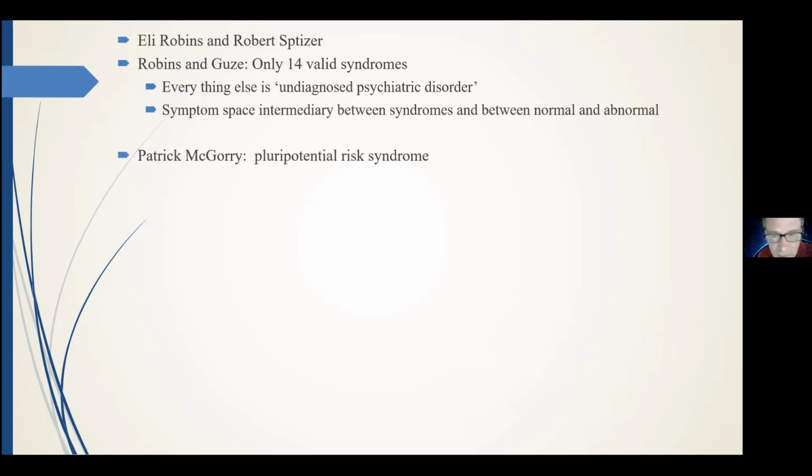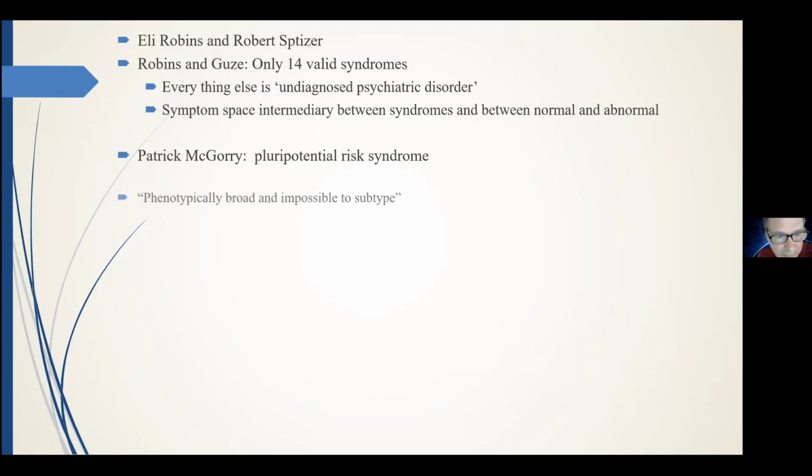So he was studying the prodrome, and they were collecting cases that they thought were in the prodromal stage. And they found out that there are actually a lot of cases that aren't quite prodromal, but they're at high risk for developing schizophrenia. And so they started studying what's called ultra high risk cases. And then McGorry later on renamed this a pluripotential risk syndrome.